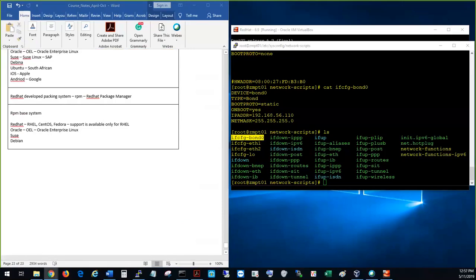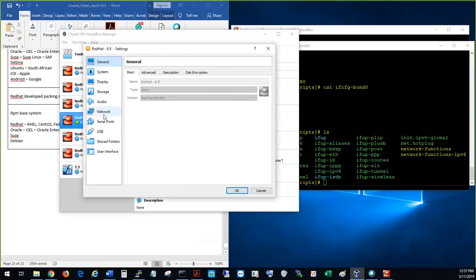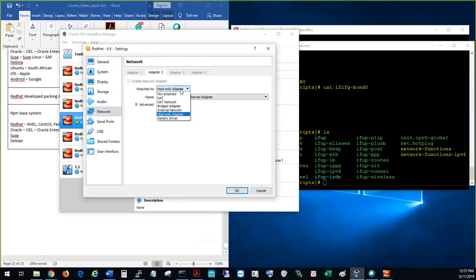And Zafar, can we use the bridge adapter for the VirtualBox? Is that okay? No, what will happen is when you use a bridge adapter, the IP would be assigned by your physical router.